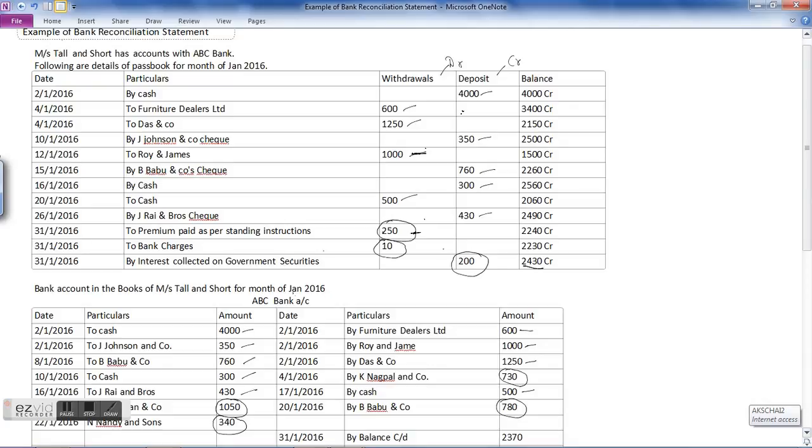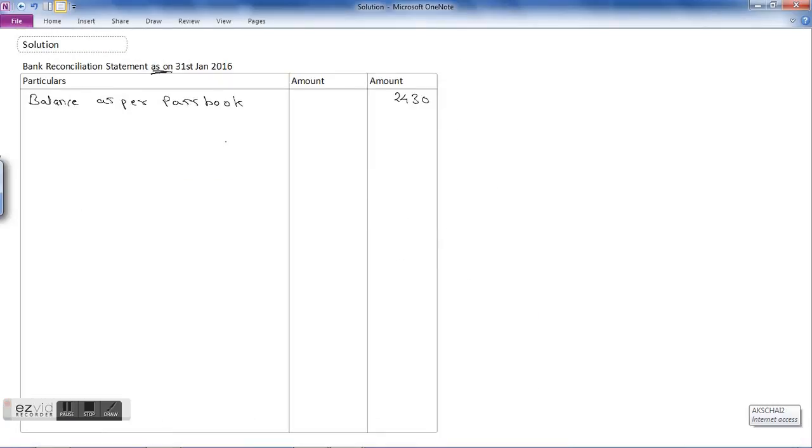So what we'll do is, premium paid, add expenses.